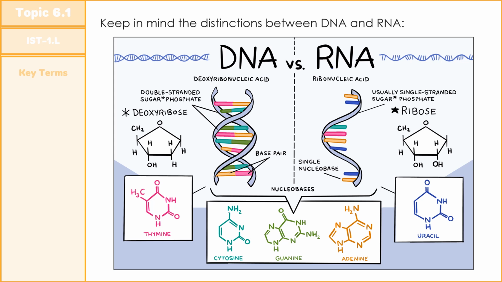We have 2 strands where we have our nitrogenous bases linked in complementary base pairs in the center by hydrogen bonds, and then our sugar phosphate backbone from either strand. If we compare that to RNA, RNA is single-stranded, so we only have half of the sequence of information.